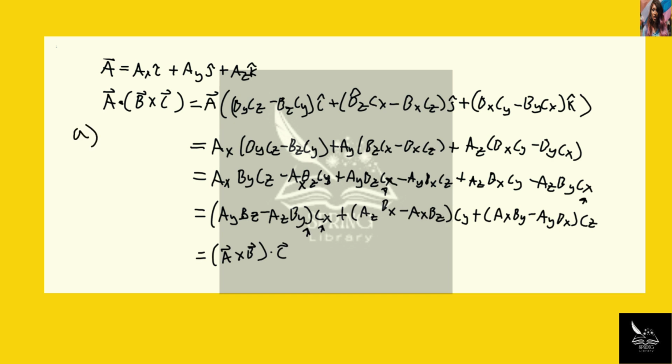I'm going on a new screen here to do part B. So for part B, A equals, so we're going to split this up to give us the angle of 26 degrees.